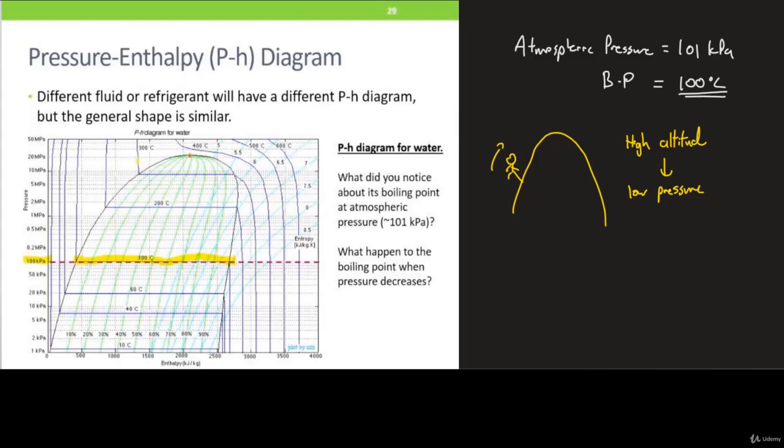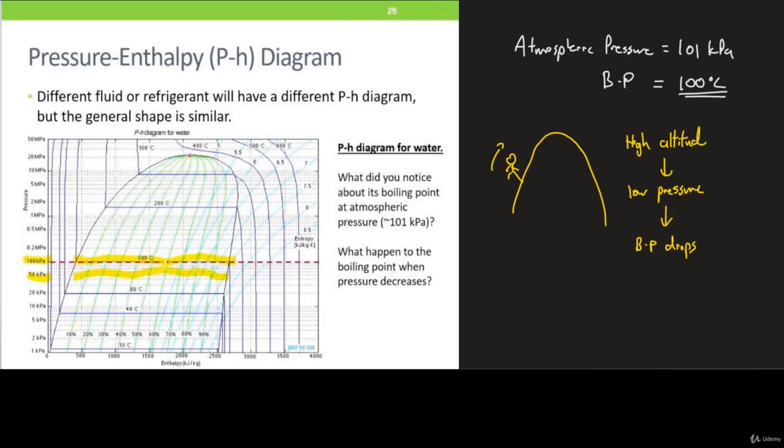When your atmospheric pressure reduces, let's say to 50 kilopascal, what happens? You will notice that the boiling point now drops to this line over here. What is the temperature over here? It is actually below 100, maybe around 80 degrees Celsius. So your boiling point will also be reduced.